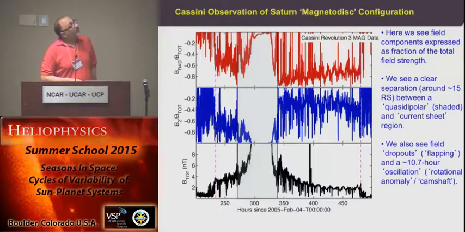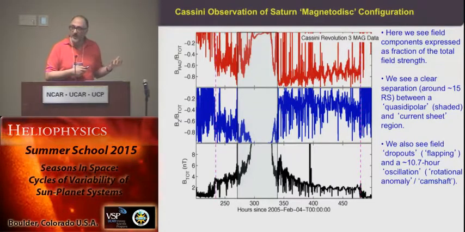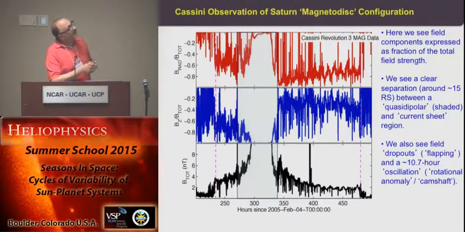Okay, so another thing we can do is divide the field components by the total field strength, and this gives us an idea of how dominant they are in different regions of the magnetosphere. When we do this, we see quite clearly that we can separate the magnetosphere into two different regions.